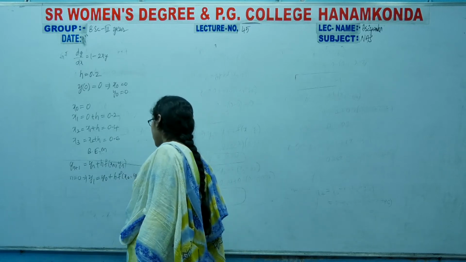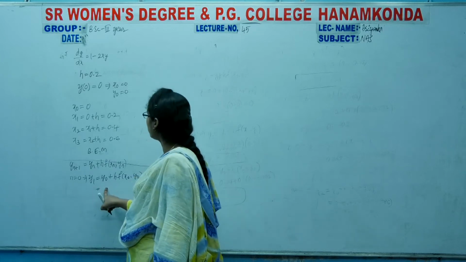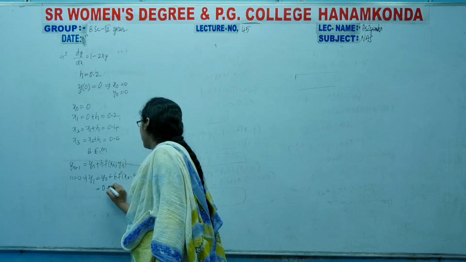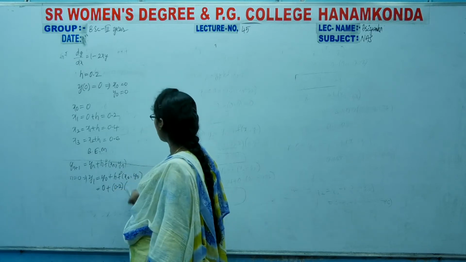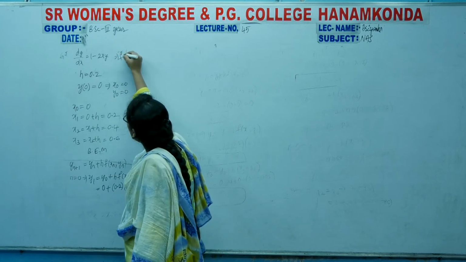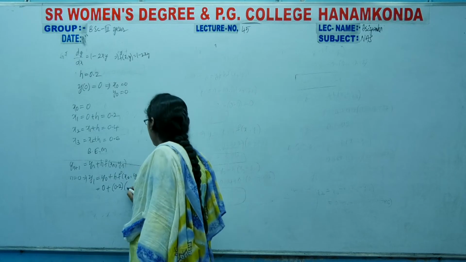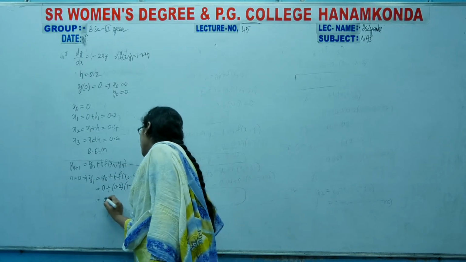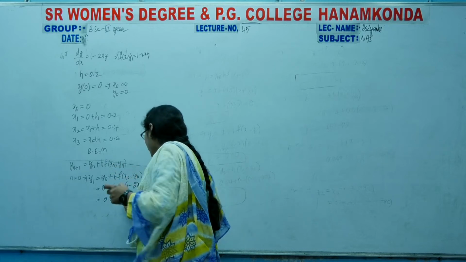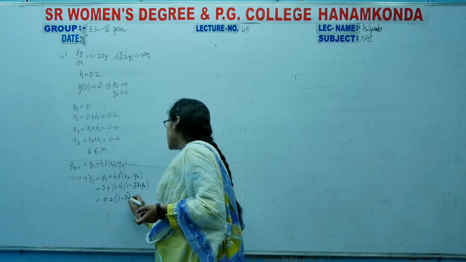For the first one I am taking clearly. Now y1 equal to, what is y0? y0 is 0 plus h is 0.2 into f of x0, y0, where f of x, y is equal to 1 minus 2xy. Now 1 minus 2 x0 y0. Then what we get here? 0.2 of 1 minus 2 x0 y0. Both are zeros. So now it is equal to 0.2.